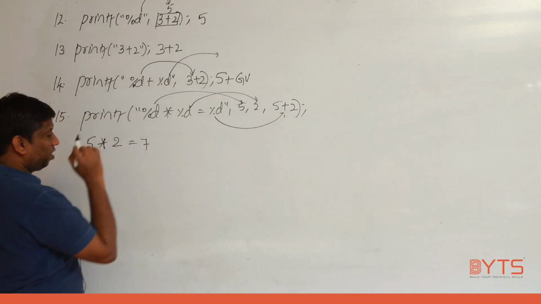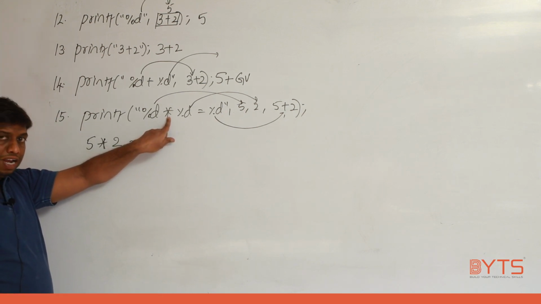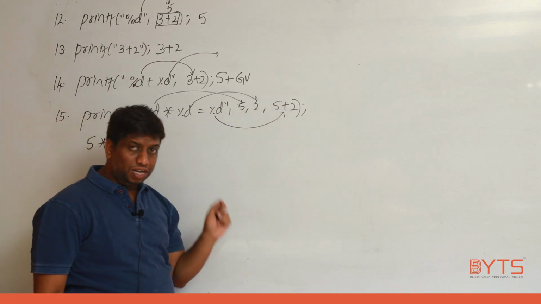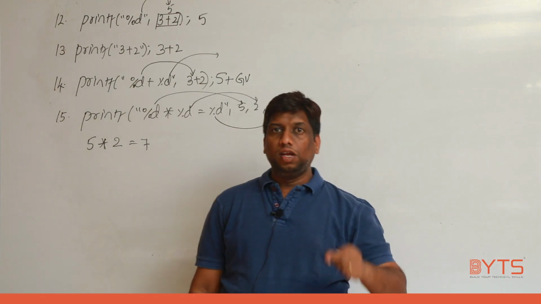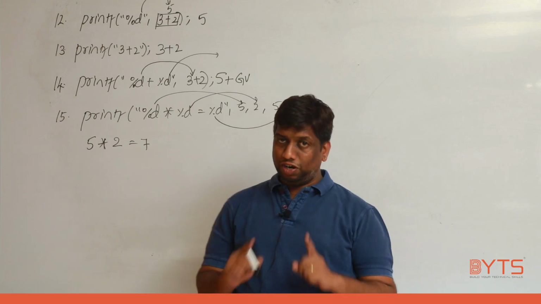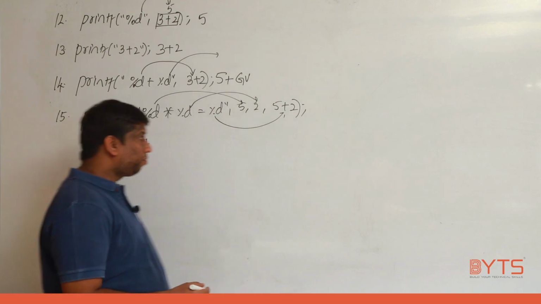Percentile D is replaced with 7. Understand? This star meant for printing, not for multiplication. This plus meant for addition, not for printing. If you write operator inside the double quotes, it is printed. If you write operator outside the double quotes, it is operated. There is a lot of difference. Please don't get confused. This type of questions only come in the exam.